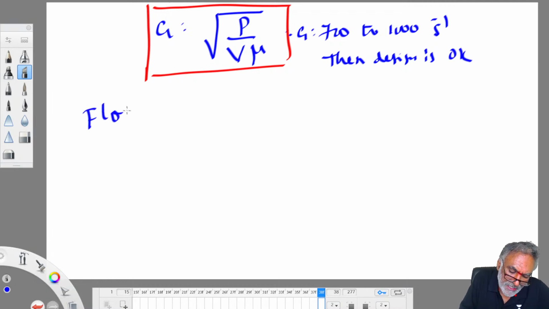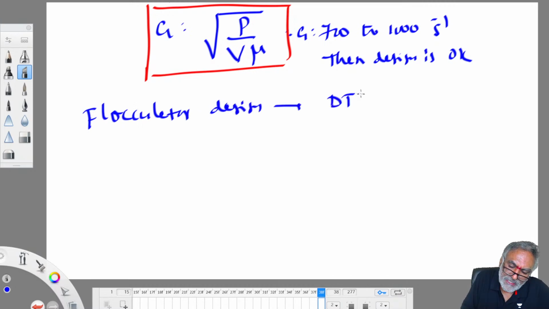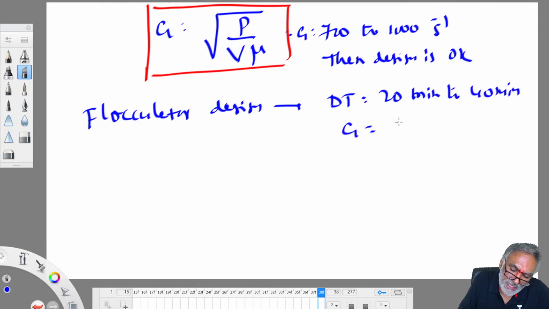Similarly, flocculator design, we provide detention time 20 minutes to 40 minutes, and velocity gradient we provide 20 to 80 second inverse. So using detention time, what you can find out? Volume. Q into detention time. It is a rectangular tank.